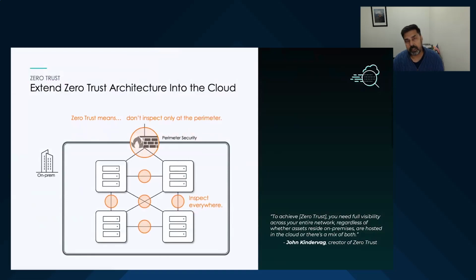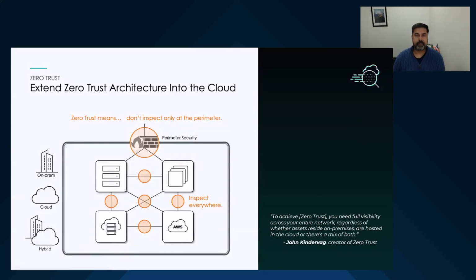From a zero trust perspective, the foundation for zero trust is really the ability to see all of your traffic, because zero trust policies are based on what kind of communications do I have, what assets are communicating on the network, and what kind of privilege do I give to those assets.